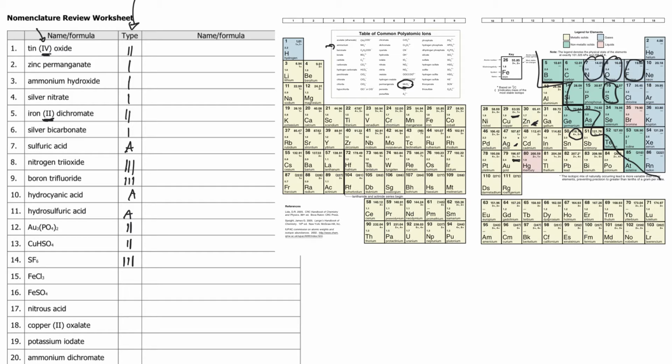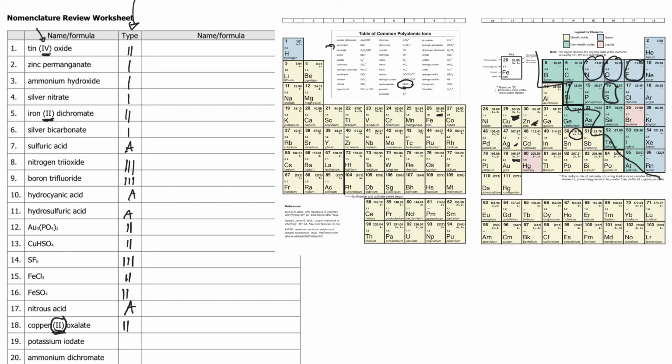Iron, we just did iron somewhere, didn't we? I thought we did iron. Anyway, Fe, where's my Fe? 2 charges, so it's a type 2. Another iron, type 2. Acid, it's got the 2 there, so it has to be a type 2. Now 2 meaning it's indicated which charge of the copper.